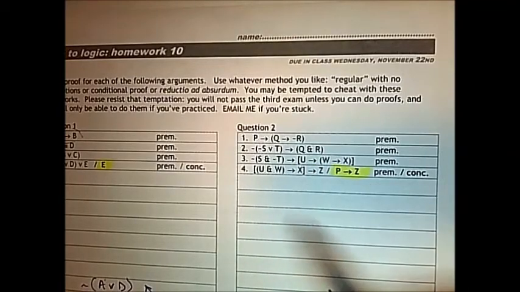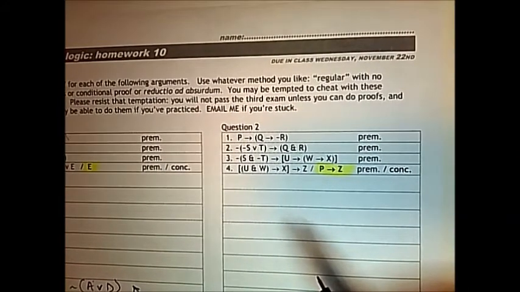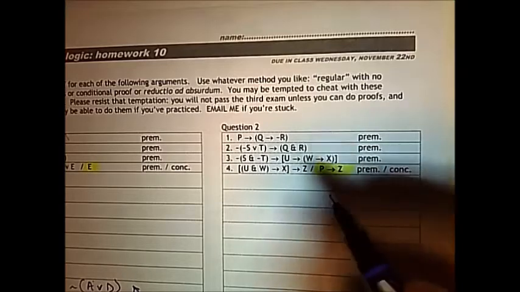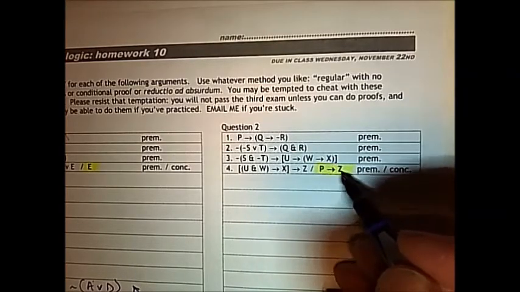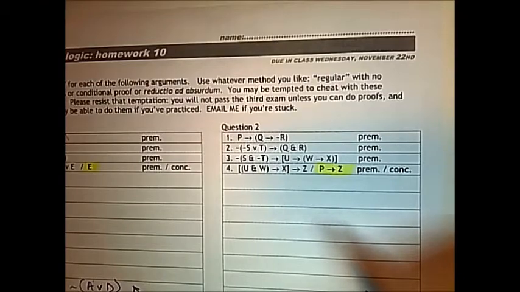In theory, it's possible to do this one without assuming anything too. But if you did that, you would do a fair number of hypothetical syllogisms. Why? Well, look that the conclusion is a conditional.